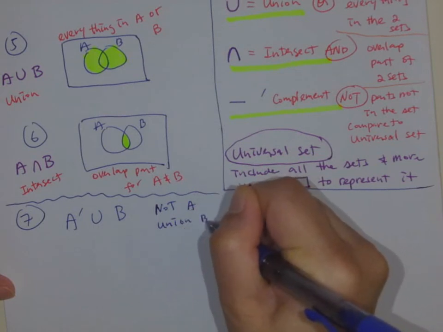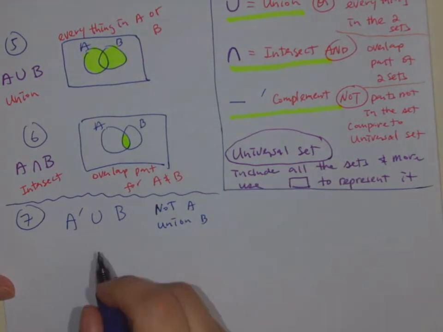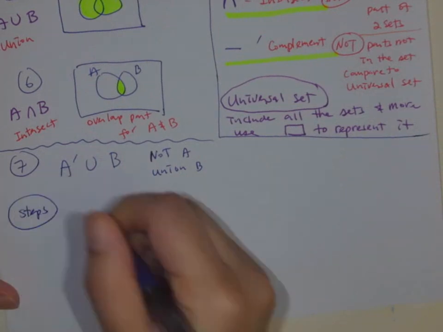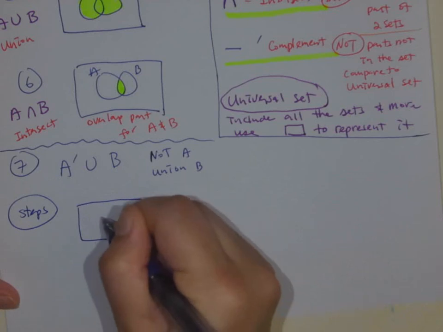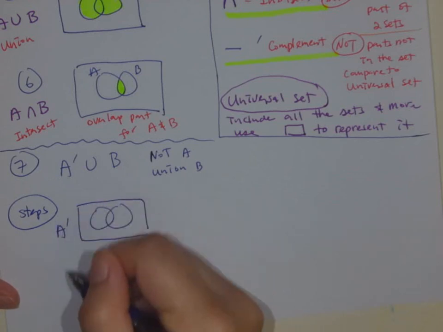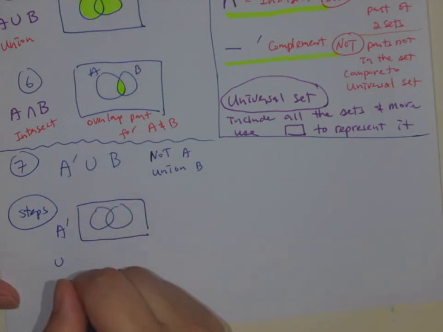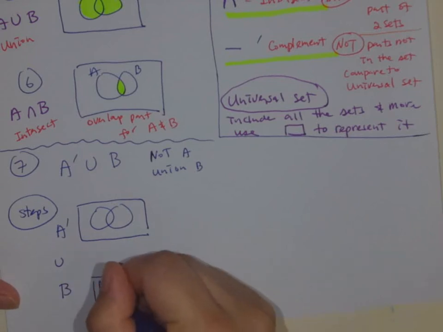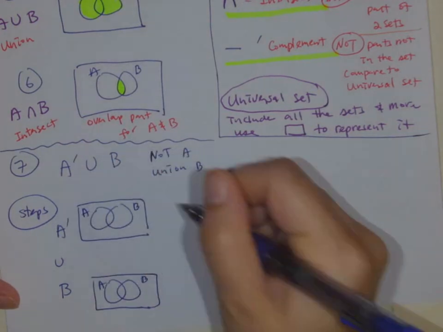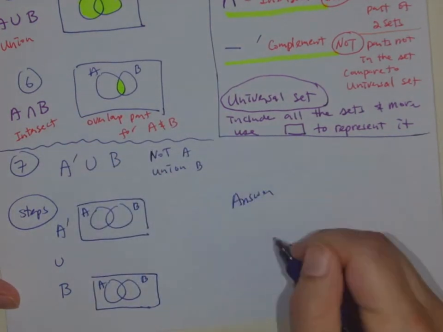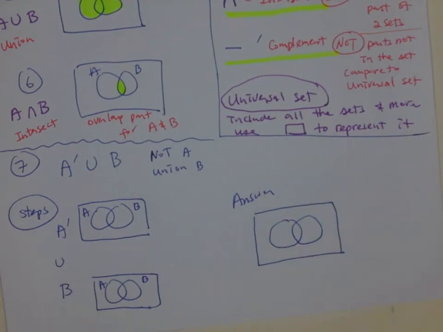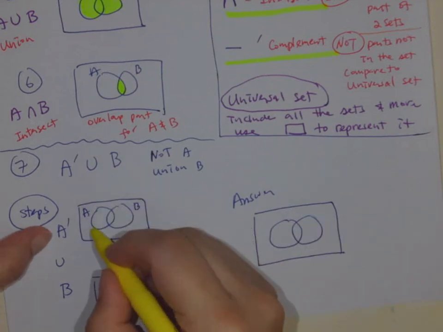Alright, so for this type of question, which is more complicated, normally I will break it down into some steps. I'm going to draw a picture to represent not A, and then I need to think about union with my B from the second picture. So this is A and B. First of all, not A, I mean outside of the A circle.